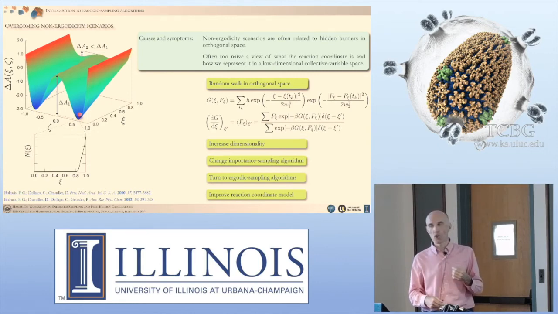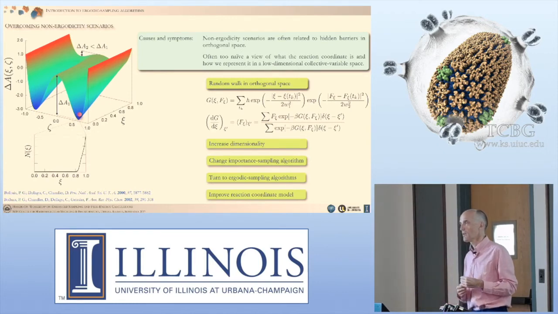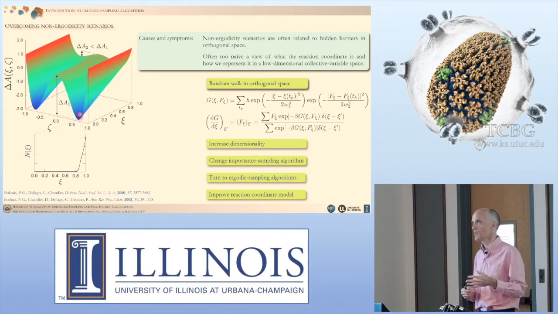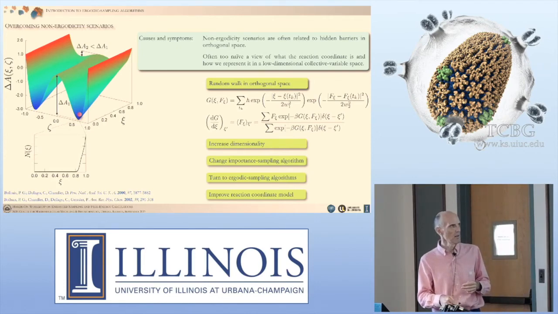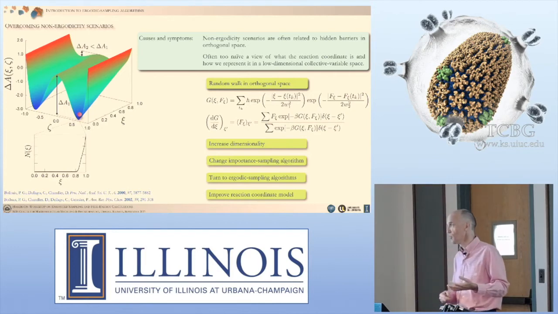Then you can change your importance sampling algorithm, and you'll see that some algorithms are a little bit better. Even turning from ABF to extended Lagrangian ABF helps. It turns out that we observed that adding this fictitious particle introduces some noise and helps somewhat. Or you can turn to really ergodic sampling.